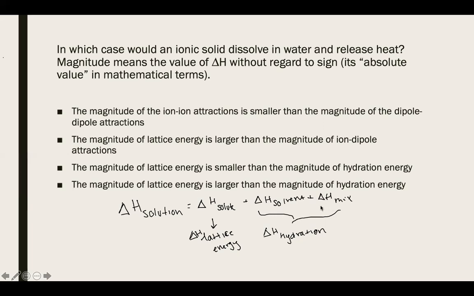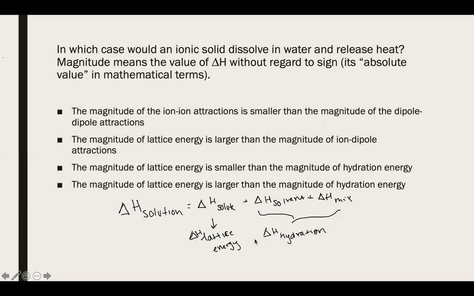Both your delta H of your solute and your delta H of your solvent are usually endothermic because you need energy to break the bonds. But delta H mix is always exothermic because it's the energy of the new bonds forming between your solvent and your solute.